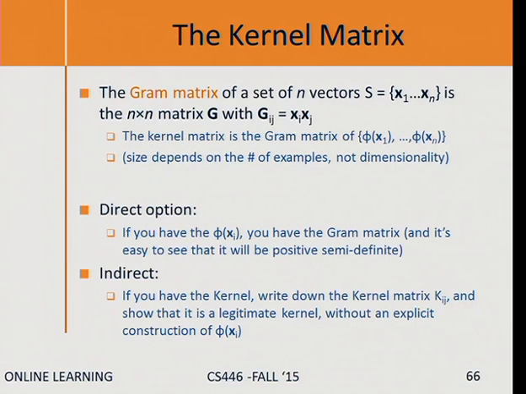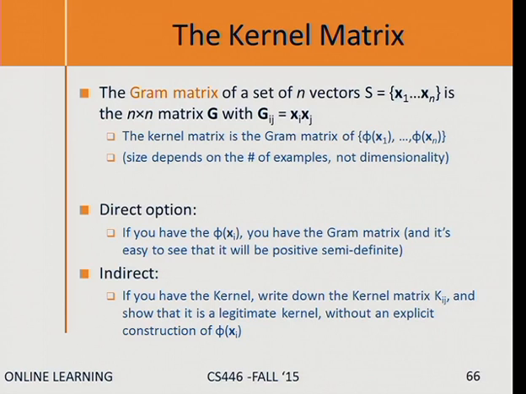This is really not that important from your perspective, because you're going to use typically generic kernels. But just to get some understanding of what's happening, this is the Gram matrix. As I said, you compute the kernel for each pair of examples. Notice that this only depends on how many examples you have, not on the dimensionality.